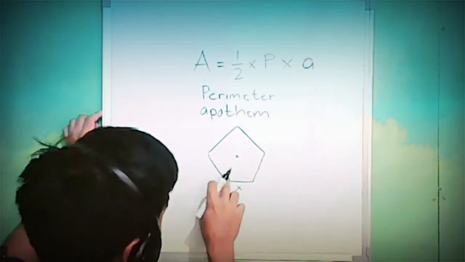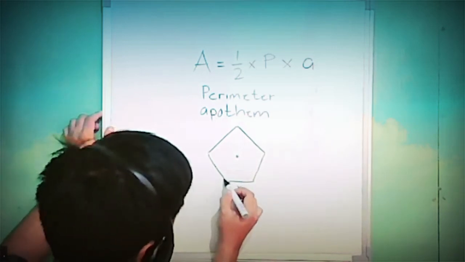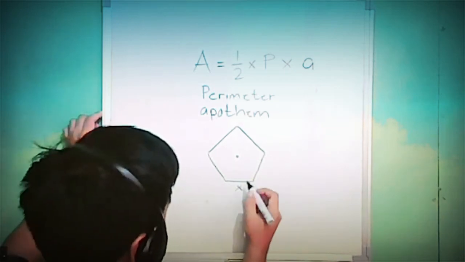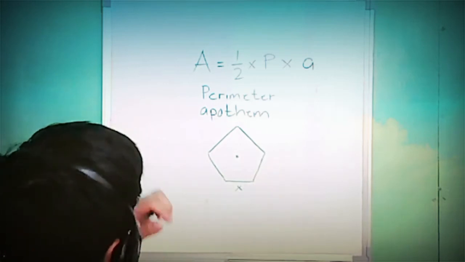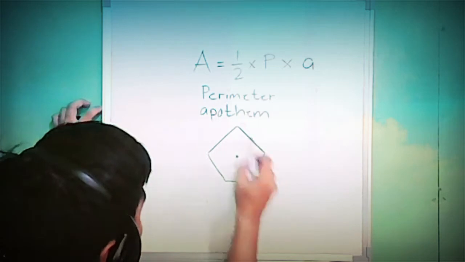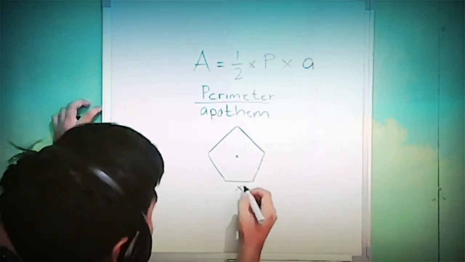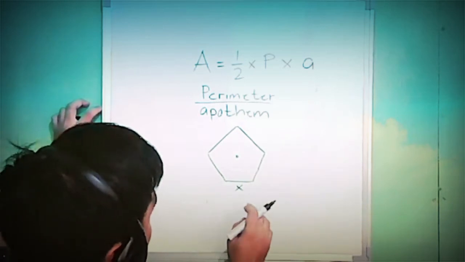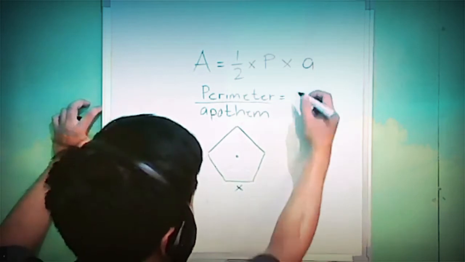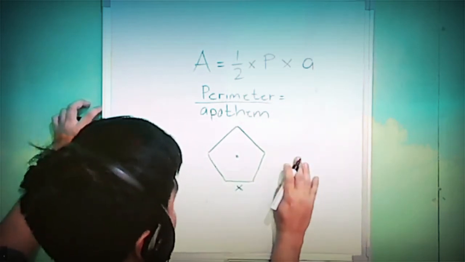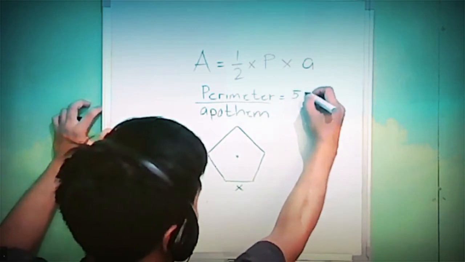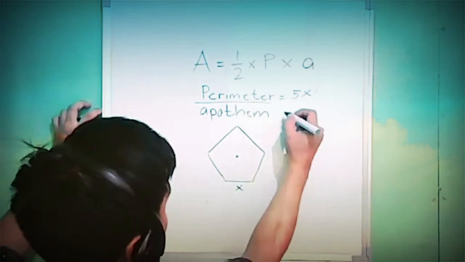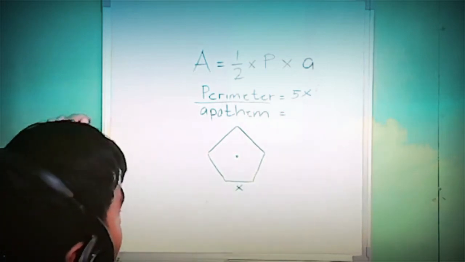Don't mind the drawing, it is not perfect, but assume that the measure of each side of the pentagon is equal. To get the perimeter of a pentagon, you add up all the sides, or multiply it by 5 because they are equal. That's the perimeter.